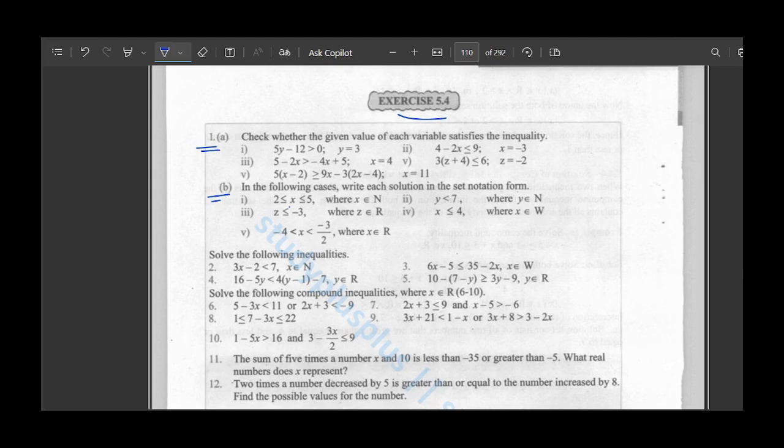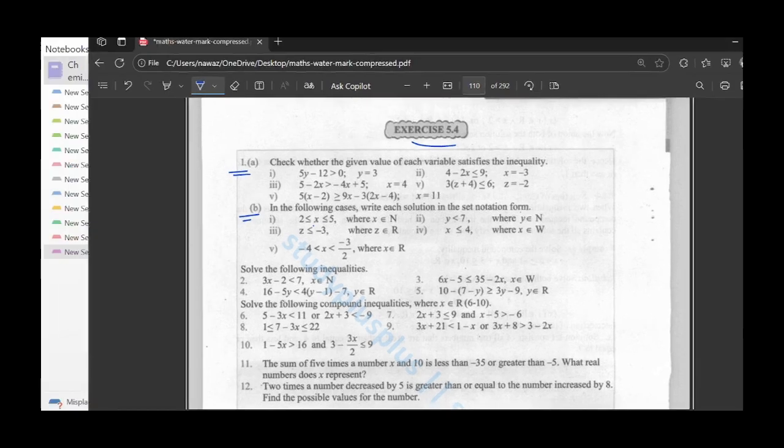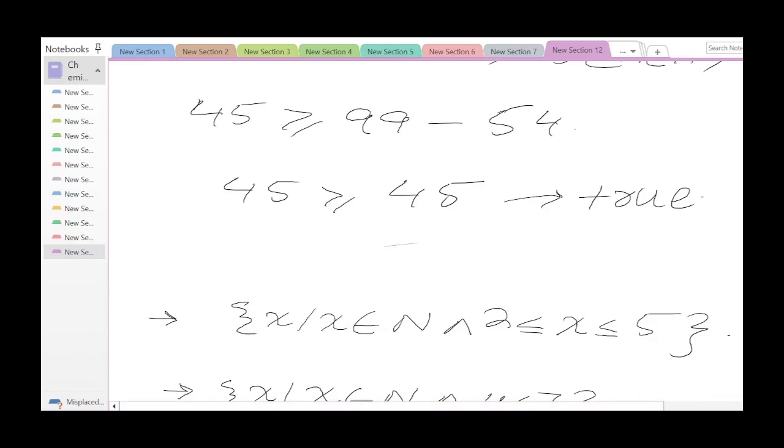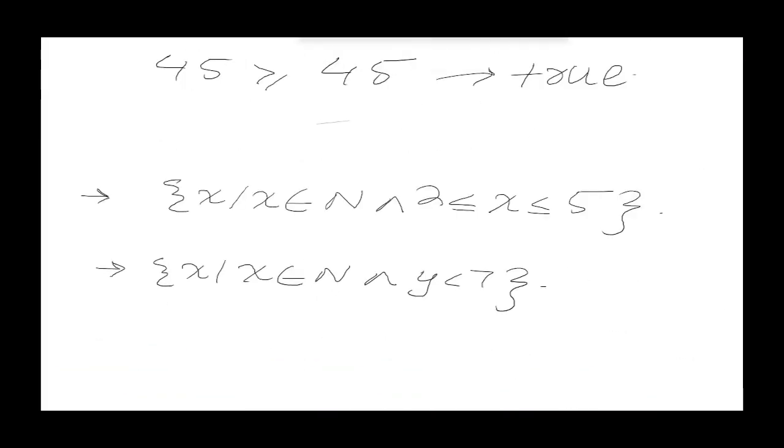Okay, now let's go to the third part. Here we have z is less than or equal to negative 3, and z belongs to the set of real numbers. Real numbers are those numbers which consist of the negative integers, the positive integers, 0, rational and irrational numbers, all types. So how can we write this inequality in set notation form?